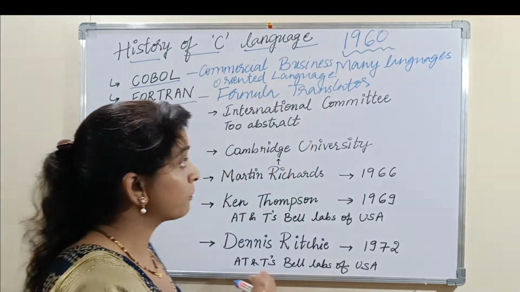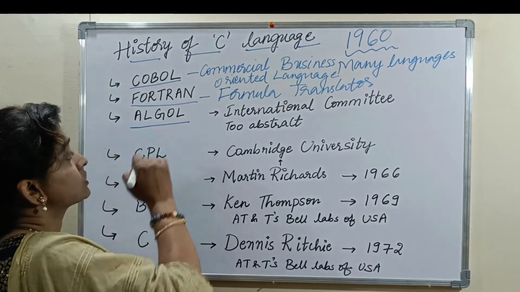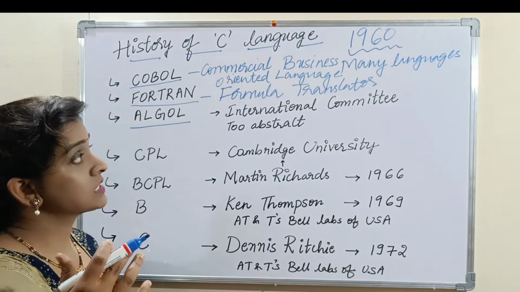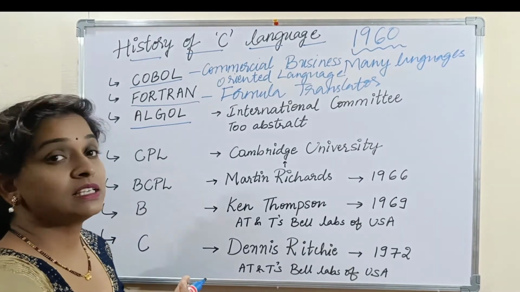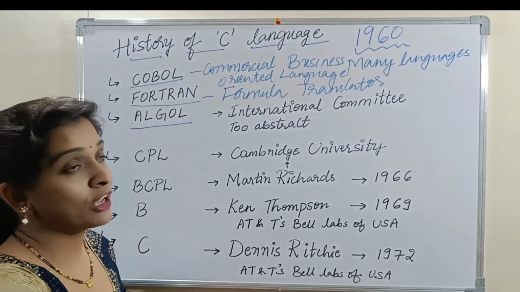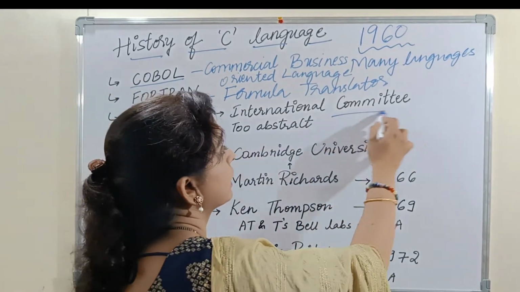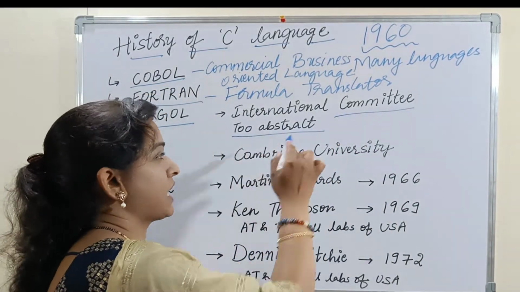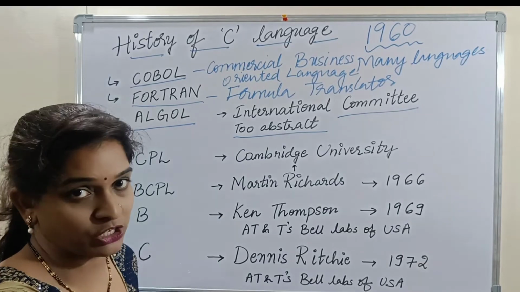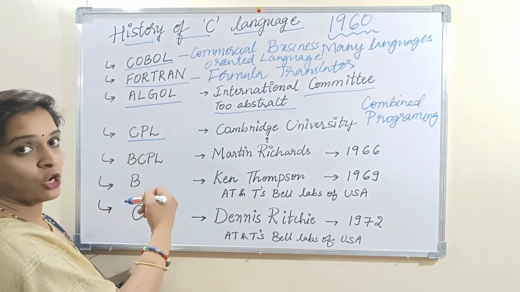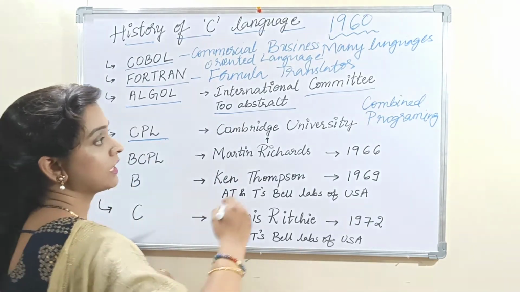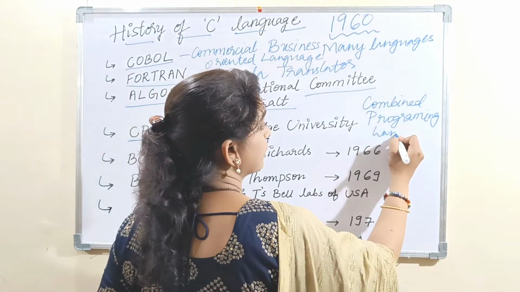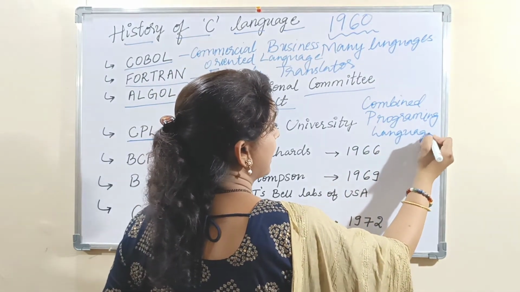And they came up with a language called Algol. It was designed by the influence of an international committee, but it was too abstract. It was a failure language. Then they came up with a language called CPL, Combined Programming Language.